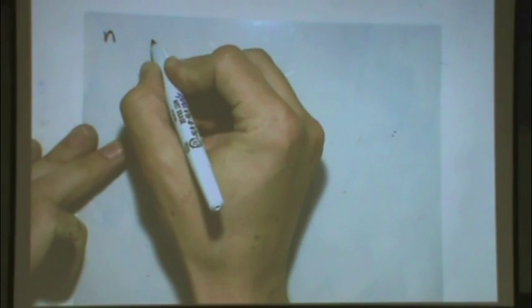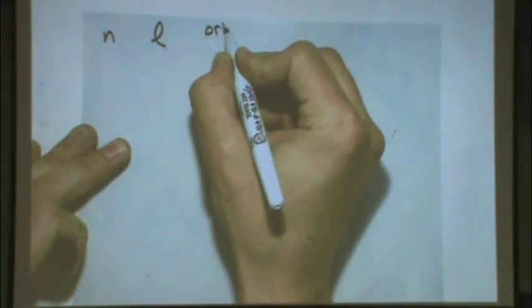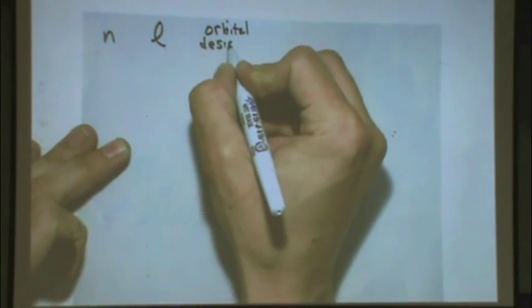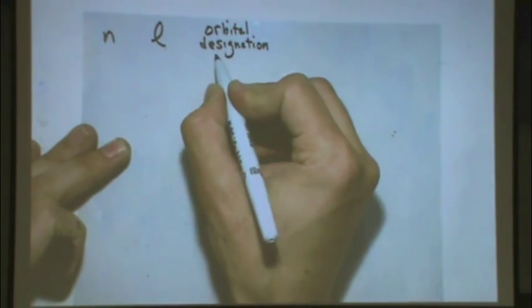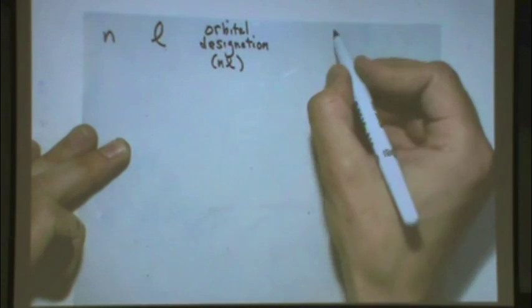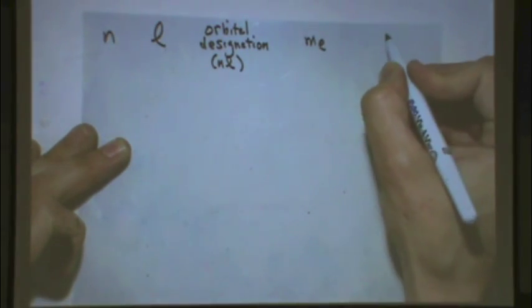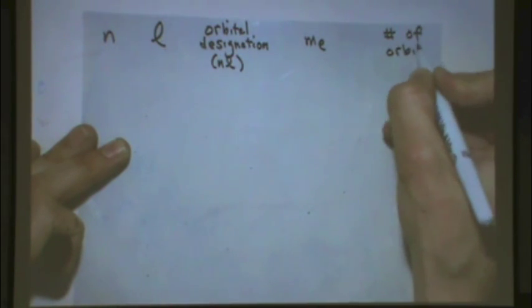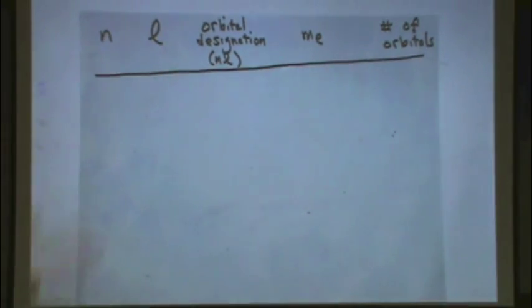First column's N, second column's L, the third column is orbital designation, which means the orbital name, which is NL. Then we're going to do ML as the next column, and then we're going to do the number of orbitals as the last column. Okay, 5 columns.